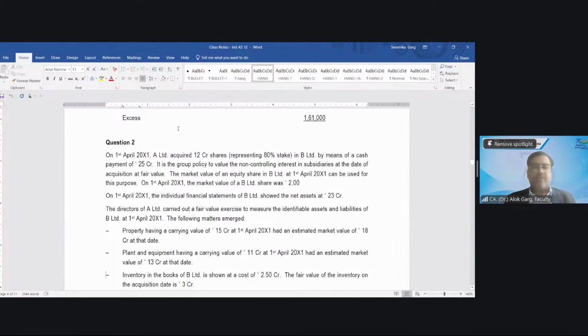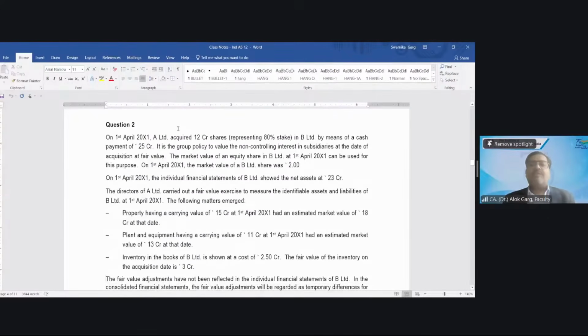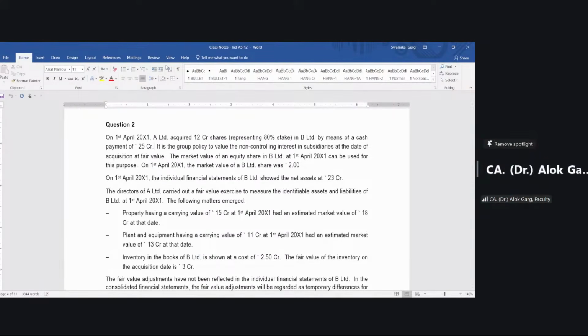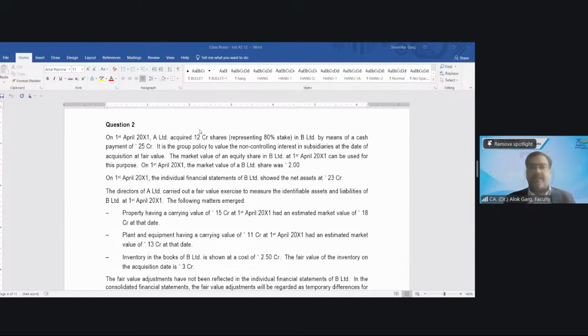Question number 2. On 1st April 20x1, A Limited acquired 12 crore shares representing 80% stake in B Limited by means of a cash payment of rupees 25 crore. So this company A Limited acquired the stake, and what is the purchase consideration? 25 crore.